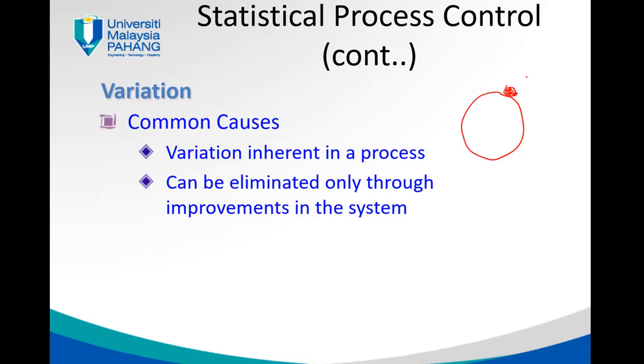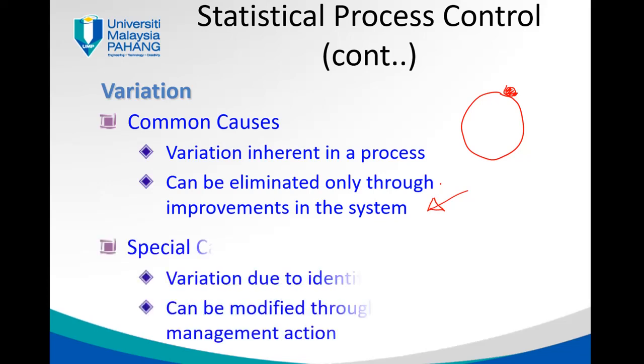Maybe during the morning shift they are still in good focus, but later in the afternoon shift they have less focus. So these causes contribute to the variation in the process. It can be eliminated only through improvement in the system, so we must conduct continuous improvement for the system.